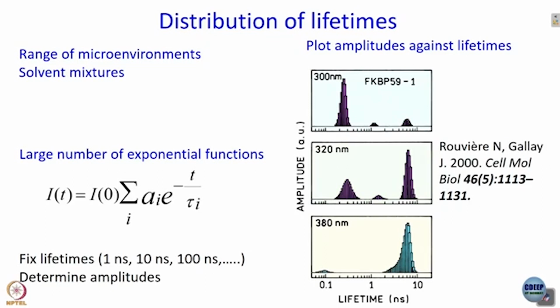Now, when you go from 380 nanometer to 320 nanometer, what do you see? Now, this 0.1 nanosecond kind of component is completely gone. Rather, you have a broad distribution; in fact, if you work out the area under this one and this one, I do not know which one will be more, and I do not know even more because the scale is logarithmic. But here you have quite a good distribution around say 0.3 nanosecond.